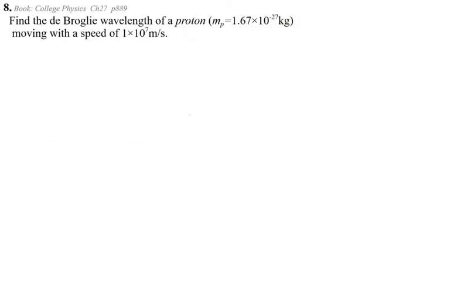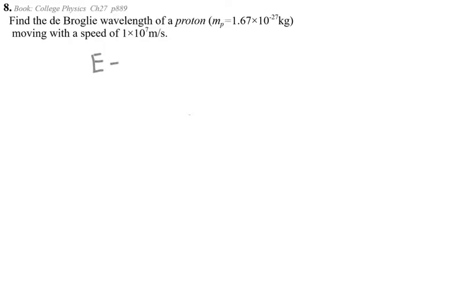For number 8, they say find the de Broglie wavelength of a proton. The mass of the proton is given, and this proton is moving at a speed of 1.1 times 10 to the 7 meters per second. So for the de Broglie wavelength, I'm going to derive this formula how they usually explain it.